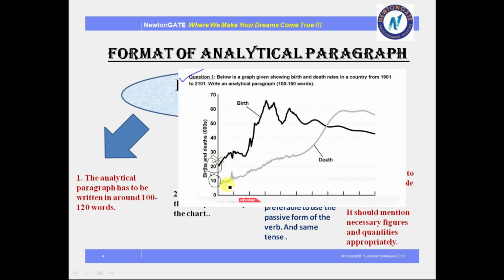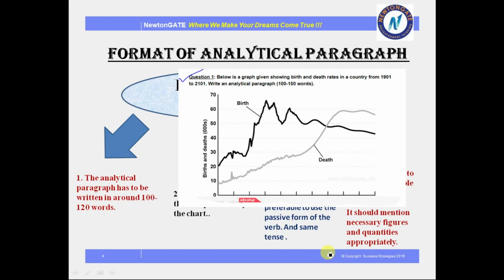So we can say that in the starting phase, that is 1901, the birth rate started increasing from 20,000. Okay, you can see the line graph is showing an increasing trend, right? So this is what we can say.